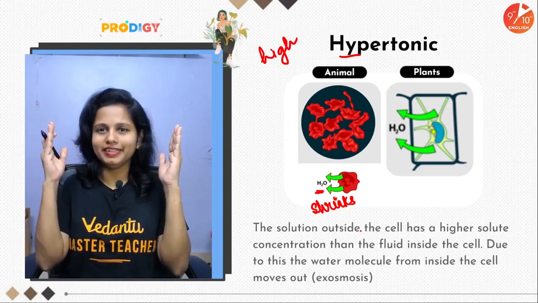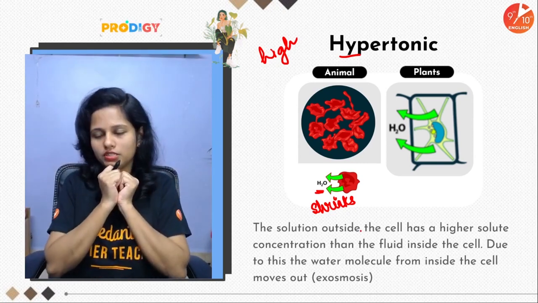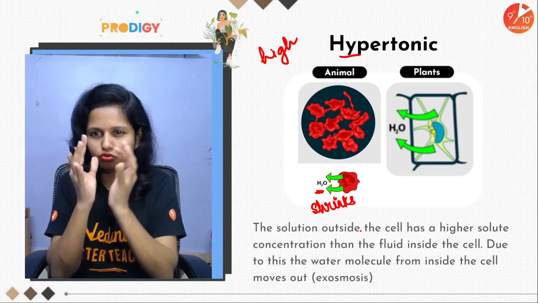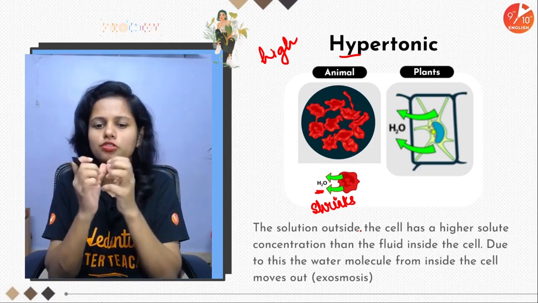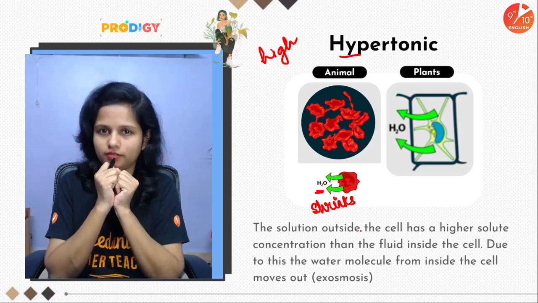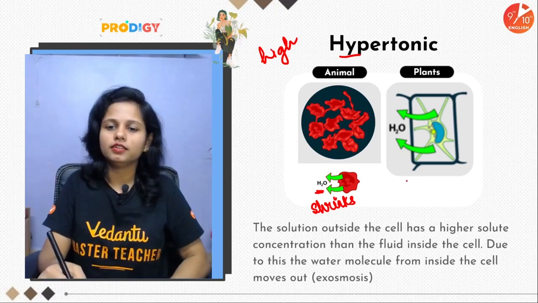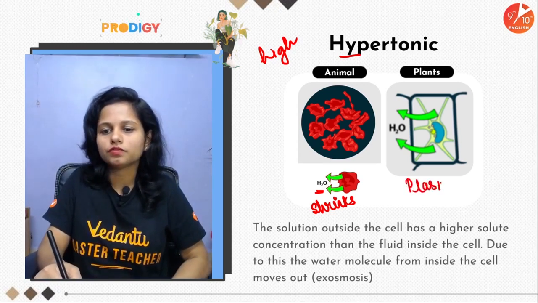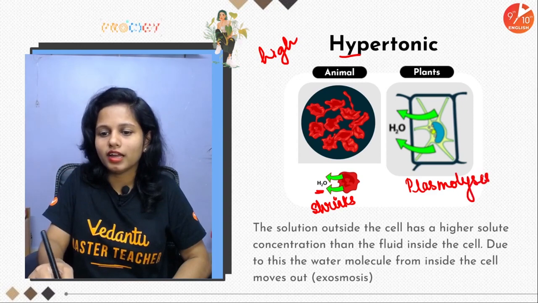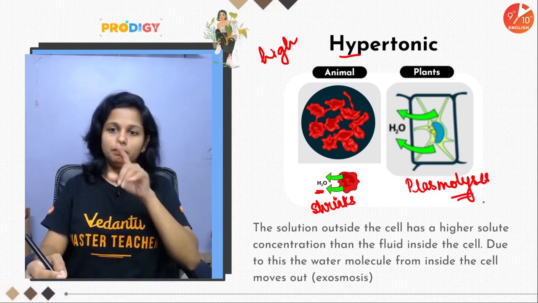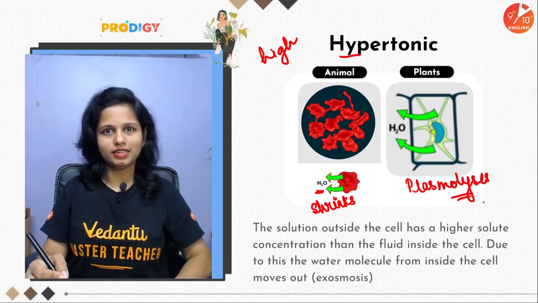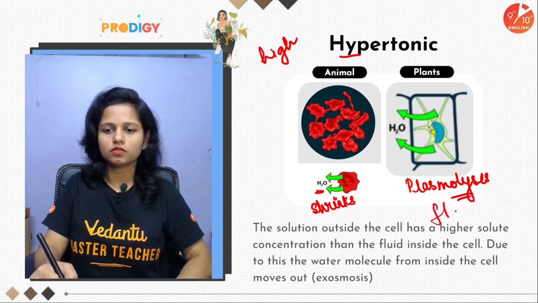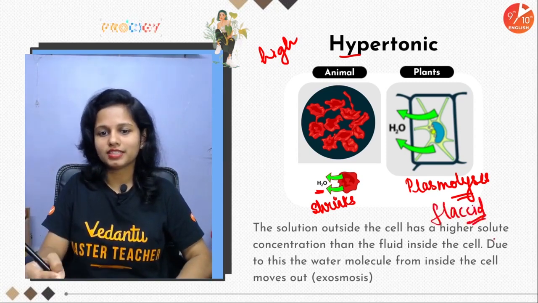The cell membrane detaches itself from the cell wall. It moves closer to the nucleus, that is, the cytoplasm shrinks or the cytoplasmic content shrinks. And this is what we call plasmolysis. Plasmolysis occurs in a plant cell. It becomes flaccid.